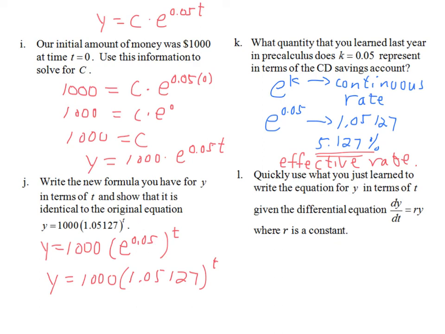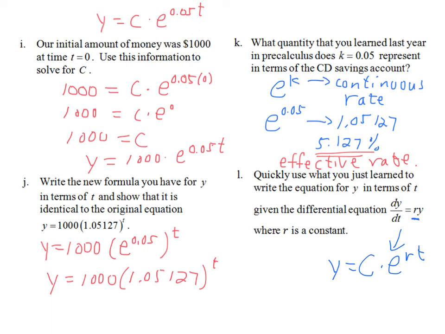All we have to do is go straight and say, hey, look, we know that if we solve this for y, we're going to get y equals some constant c times e, and in this case, I don't have a k there, I have an r there, so I'm going to call it rt, which we know is the exponential situation.